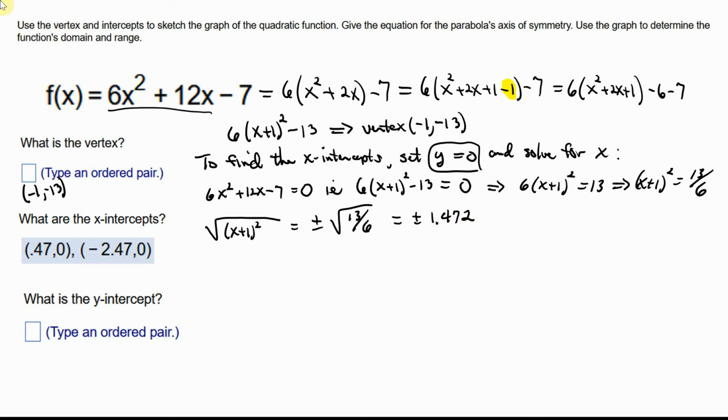And so now I have left x plus 1 is equal to plus or minus 1.472. So this implies that x is equal to negative 1 plus or minus 1.472. And it looks like it's to the second decimal, the hundredth. So I'm going to just take off that 2.